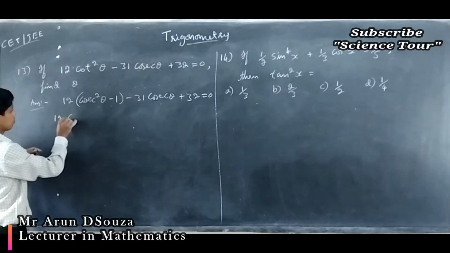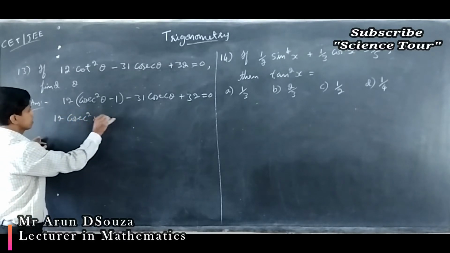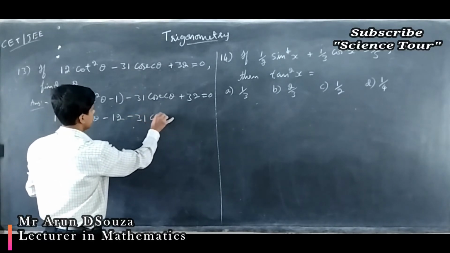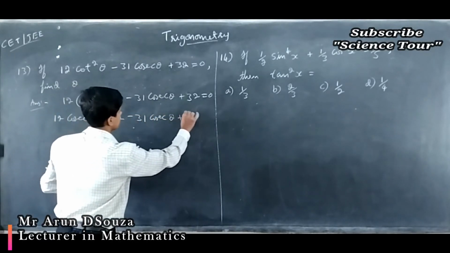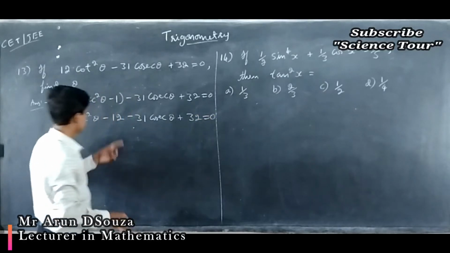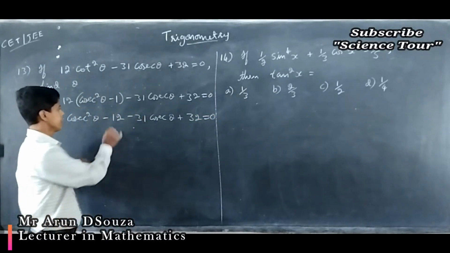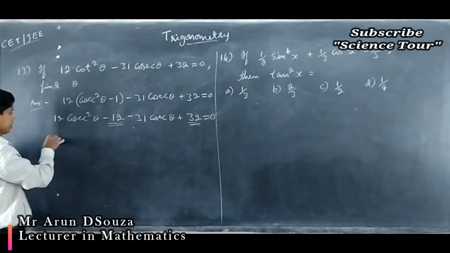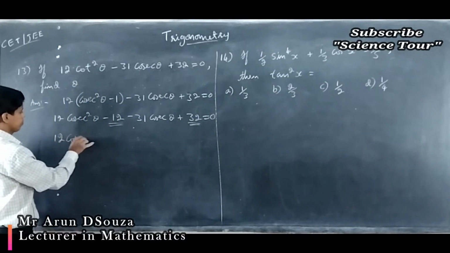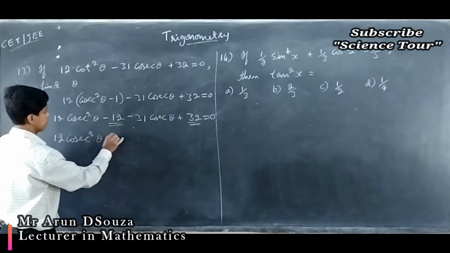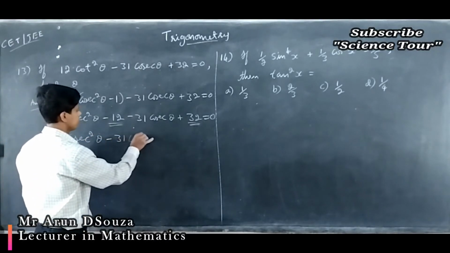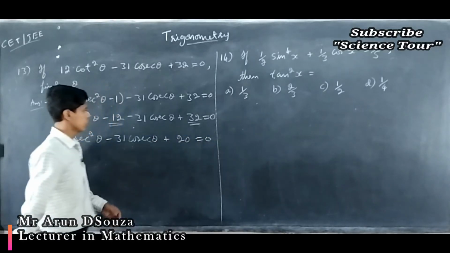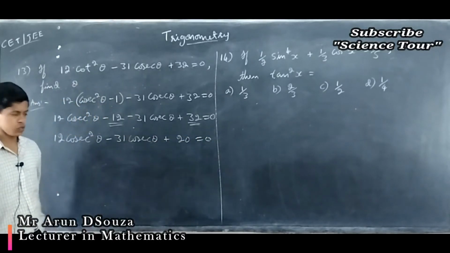So this is 12 cosec square theta minus 12 and minus 31 and 32. Well, now here you have got minus 12 and 32. Simplify that. So finally I am getting 12 cosec square theta minus 31 cosec theta plus 20 is equal to 0. So minus 12 plus 32, right?